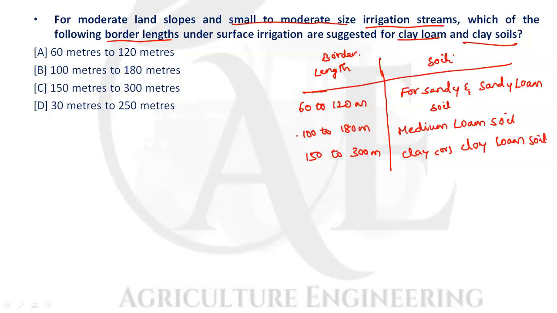These are the border lengths under surface irrigation. It is an important table, for moderate slopes and stream sizes. So the correct option is 150 to 300 meter, because it is clay loam and clay soil. Option C is the correct answer.